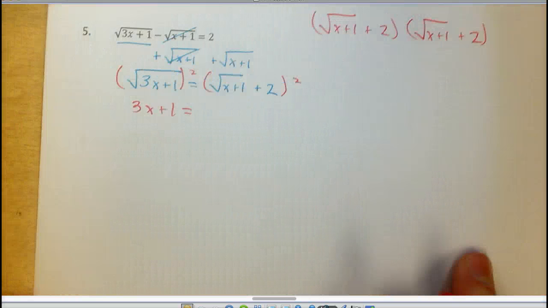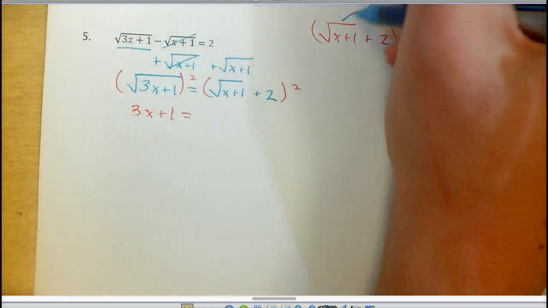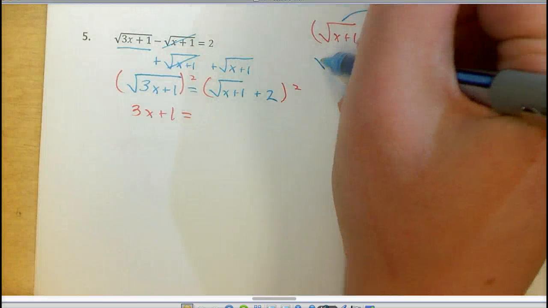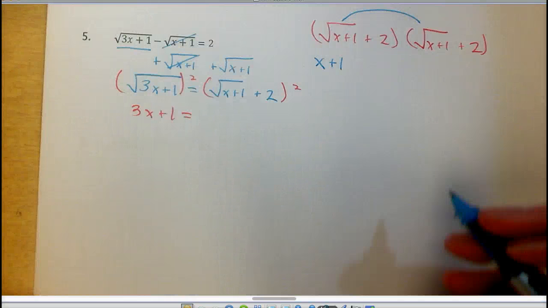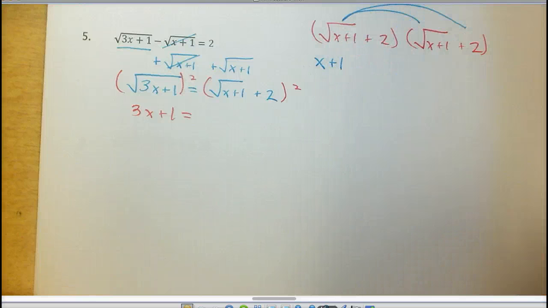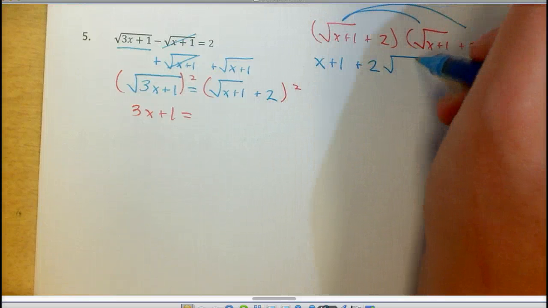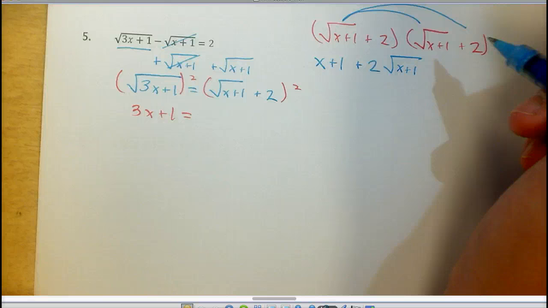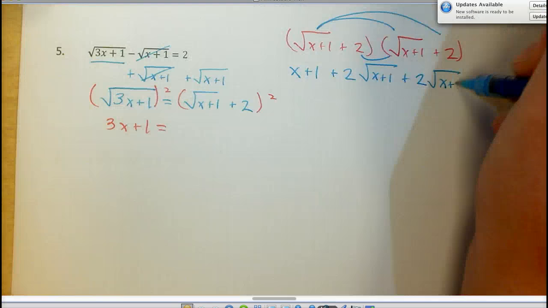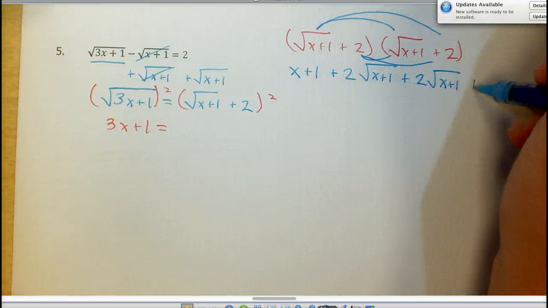When we FOIL that, we end up getting x plus 1, no radical, plus 2 radical x plus 1, plus 2 radical x plus 1 again, plus 4.